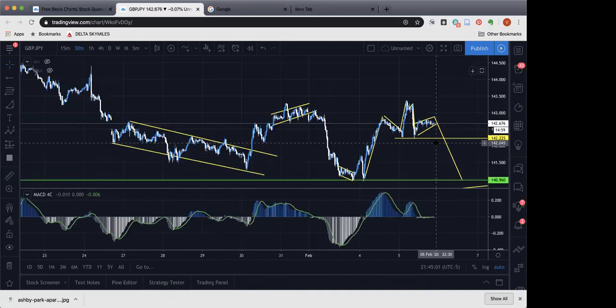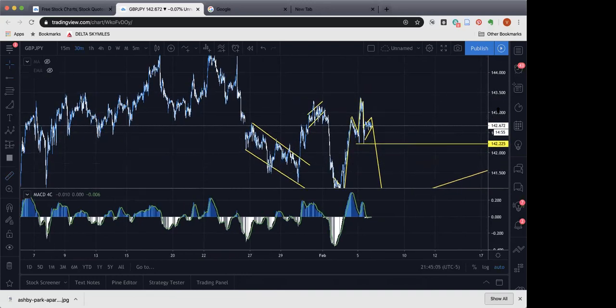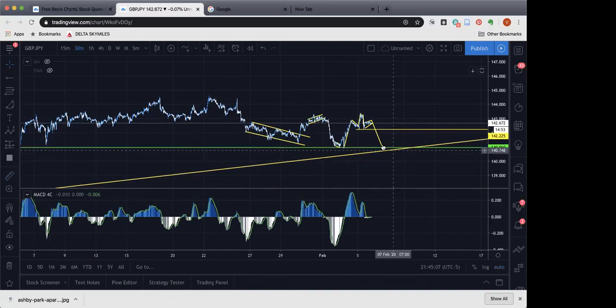If it does, get out of the sell and ride it out. But if it comes to this zone and does this, then guess what? Bring it down.